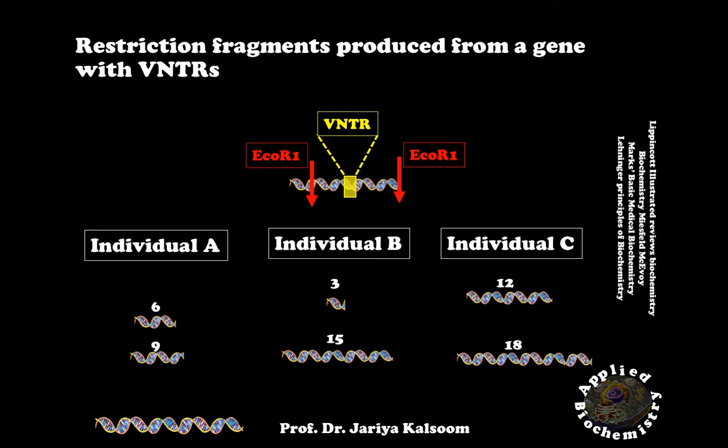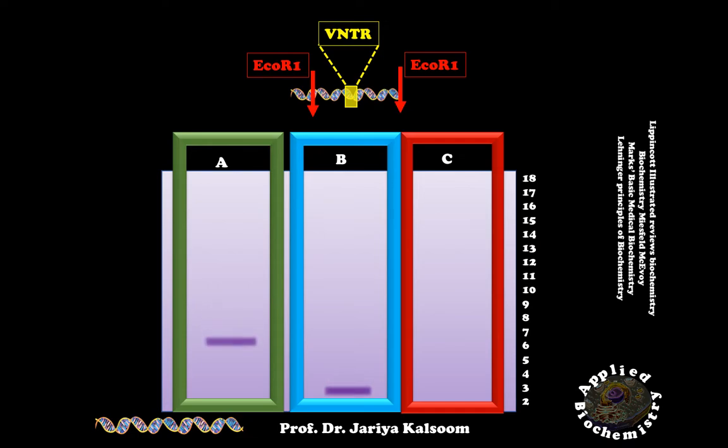These are restriction fragments produced from a gene with a variable number of tandem repeats or VNTRs. DNA from 3 individuals, each with 2 alleles for this gene and a different number of repeats in each allele, was cleaved with restriction enzyme EcoRI. The cleaved fragments were subjected to electrophoresis and treated with probe for the gene.